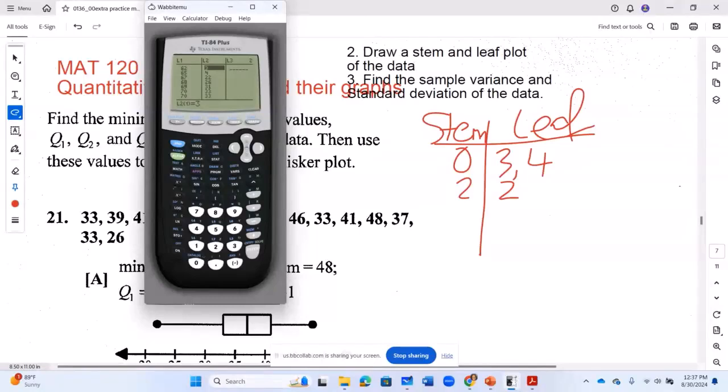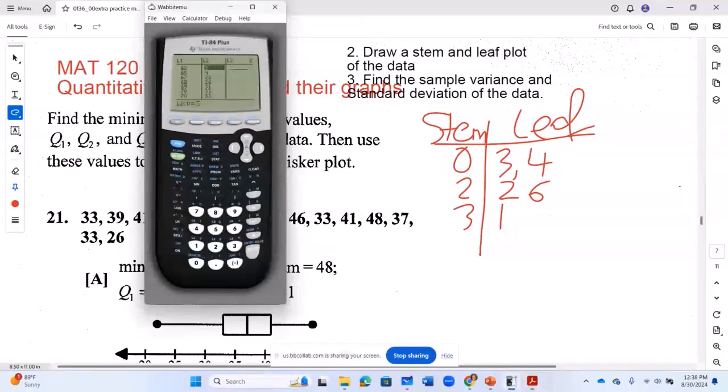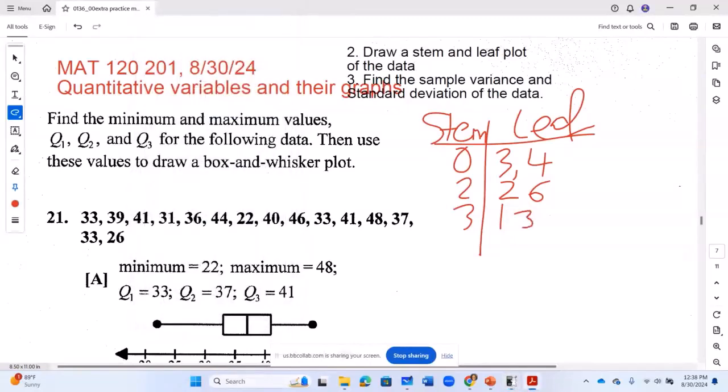I'm going to write 6 here. The next number is 31. So I'm doing a stem and leaf plot, answering one of the questions. So that is 22, 26, 31. And the next number is 33. Another number is 33. So I have 33 again. So there are 2 33s.